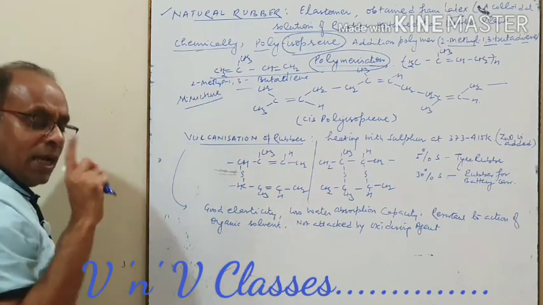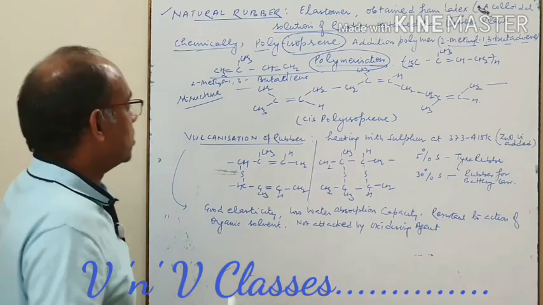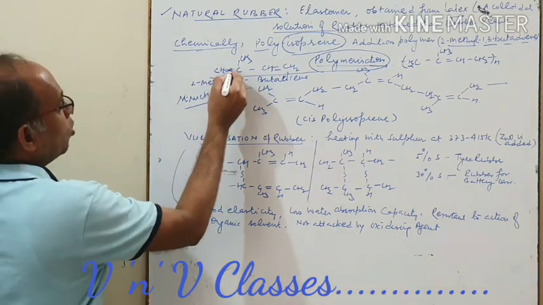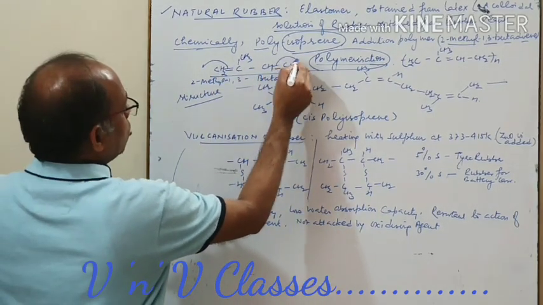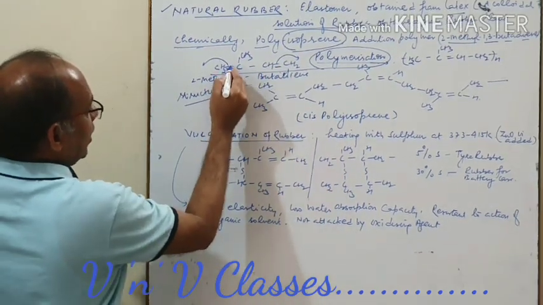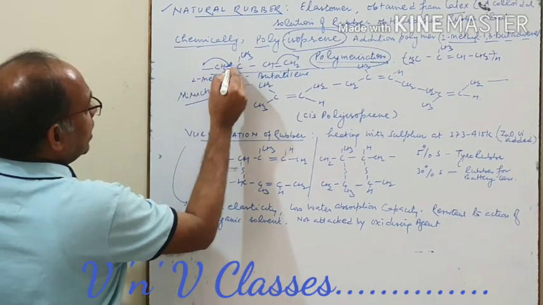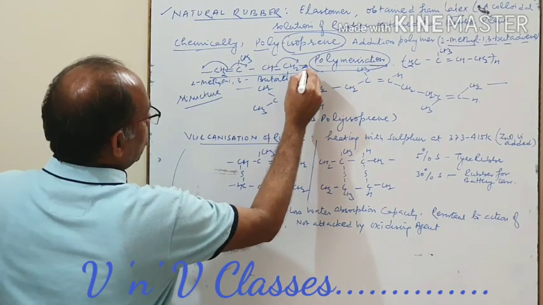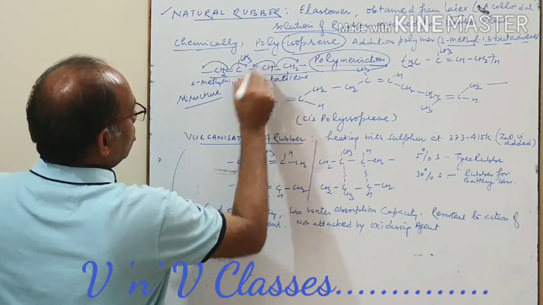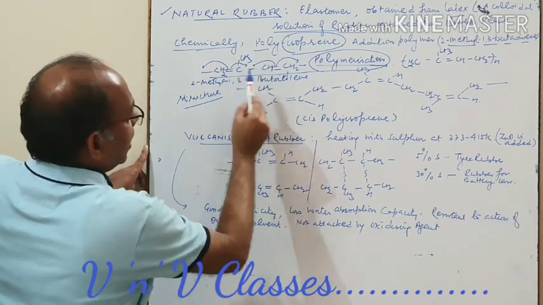I told you earlier also when I was talking about addition polymers. So this bond opens both ways. It opens here and opens here. This bond also opens here. And what do we find? When this bond breaks, it forms a bond on this end as well as on this end. Between these two carbons you get a double bond.